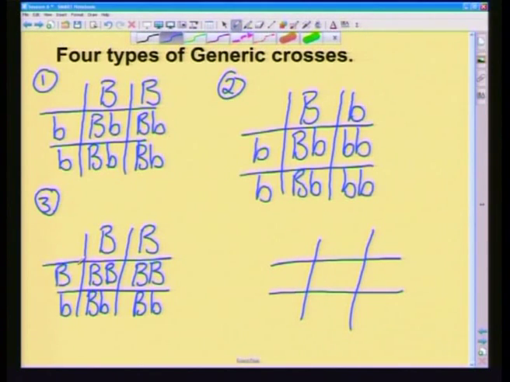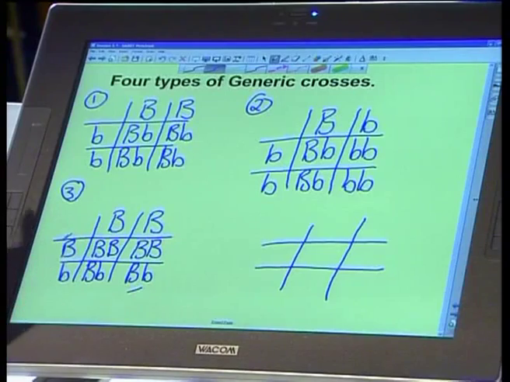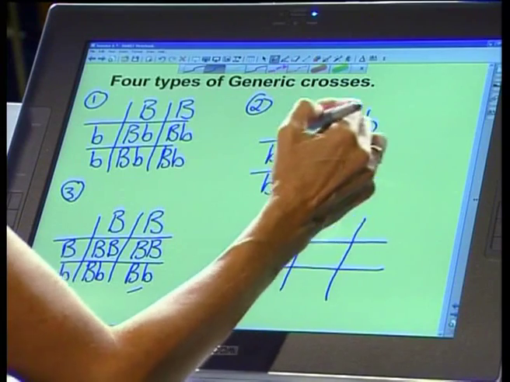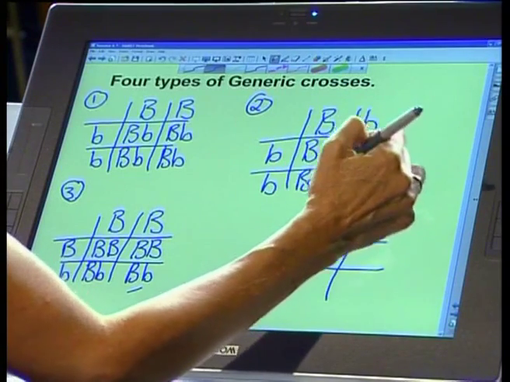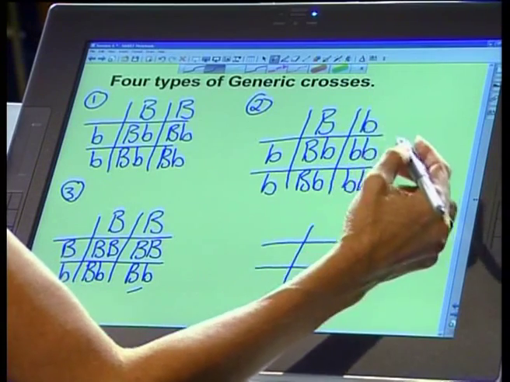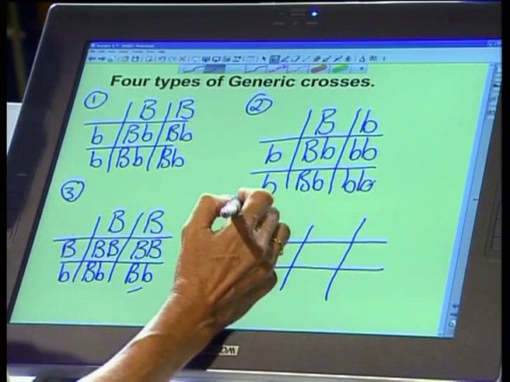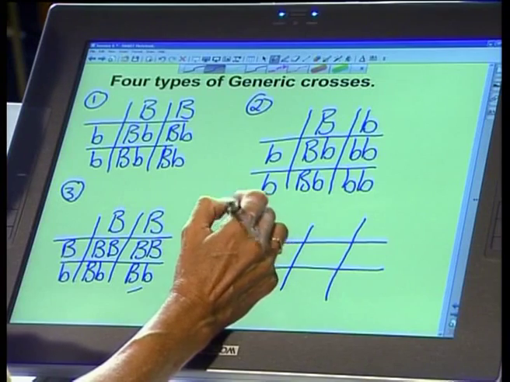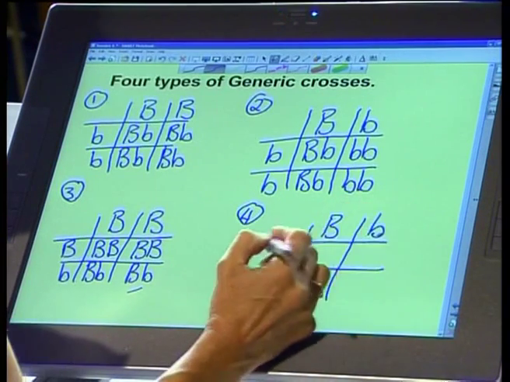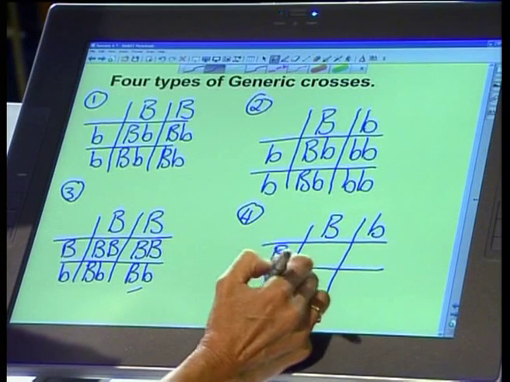In the phenotype, all the offspring are going to look like the dominant characteristic, whereas with 2, 50% will look like the dominant characteristic and 50% are going to look like the homozygous recessive characteristic. All right, then our 4th one is going to be a heterozygous and heterozygous cross.